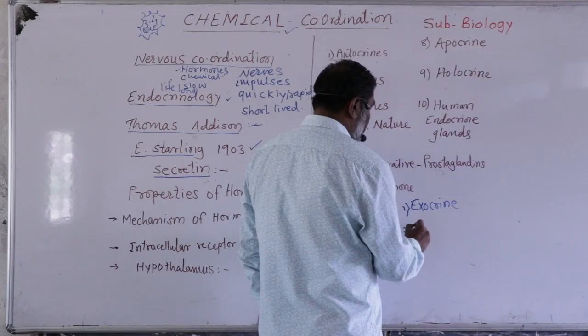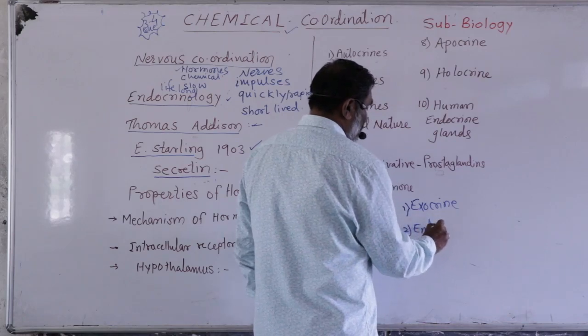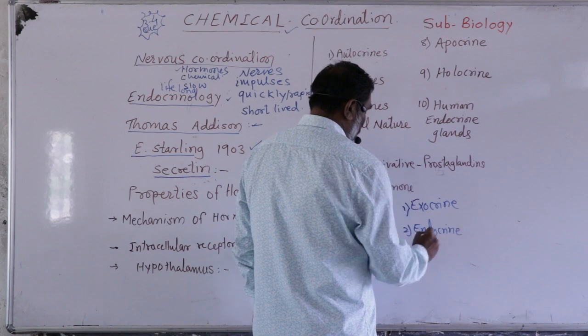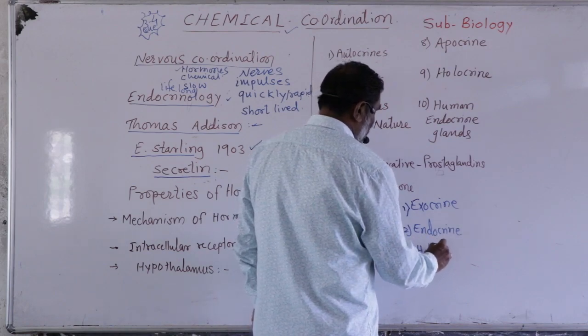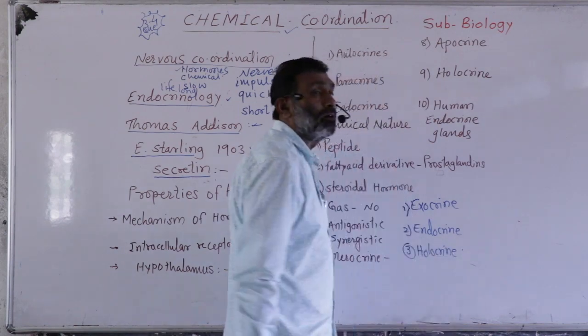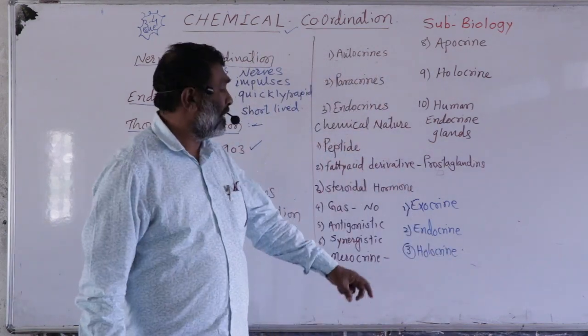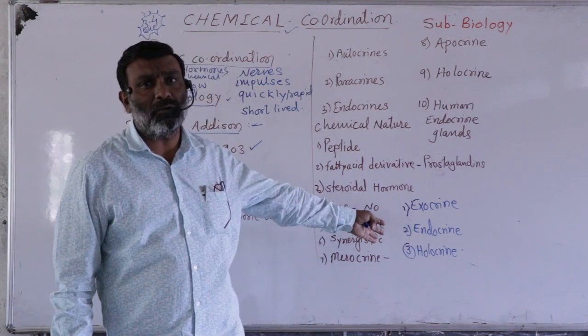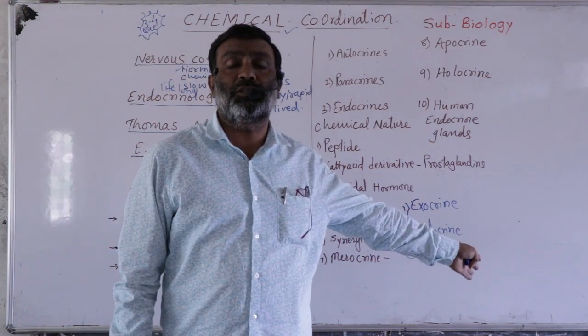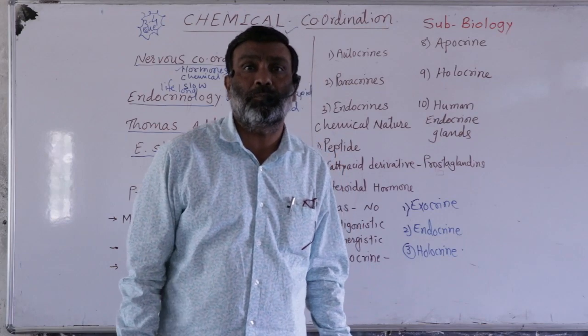The second one is the endocrine glands, and the third one is the holocrine glands. We have studied this part in the 11th standard, so we do not need to give detail about these types of glands.